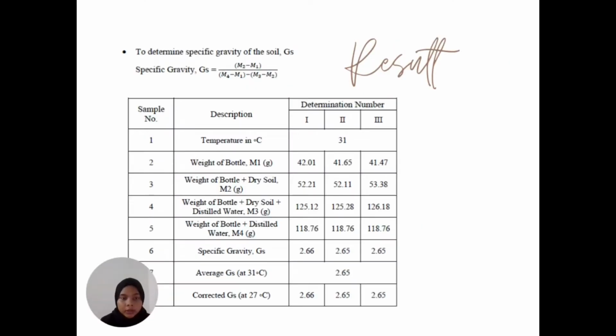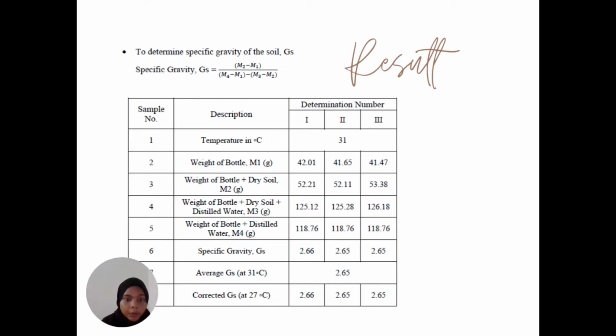Next, the result. To determine the specific gravity of the soil, a formula is used as shown in the picture, and this is the data that we have recorded. The temperature is 31 Celsius, and the weight of the bottle is different, but they are slightly the same.